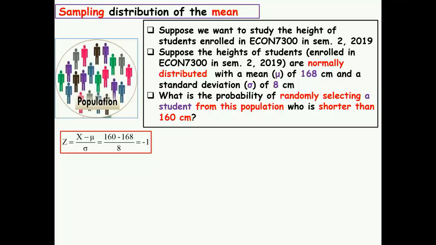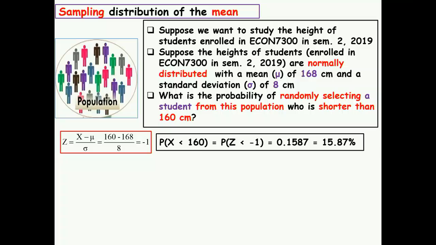This is X only for the randomly selected student. 160 minus 168 divided by the population standard deviation. I get minus 1. The question asked is less than, shorter than 160 centimeter. I go and find 15.87.